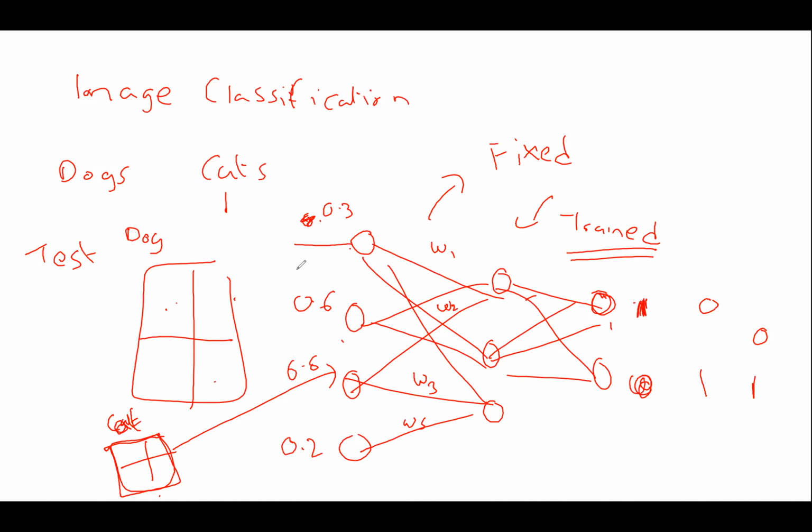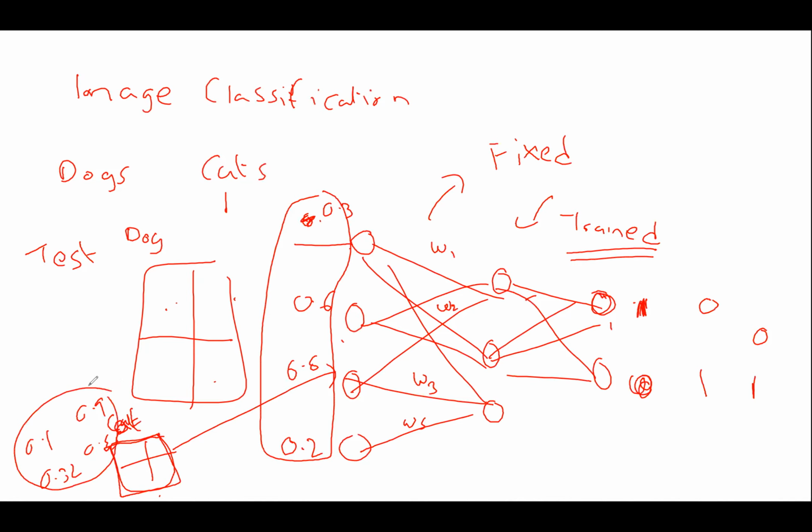Now for the cat, it has different values, right? Let's say the cat values are 0.1, 0.9, 0.32, 0.55. We give the cat image here. So all I'm asking is, did the input of the dog in any way affect the cat? No, right? Because it's different.